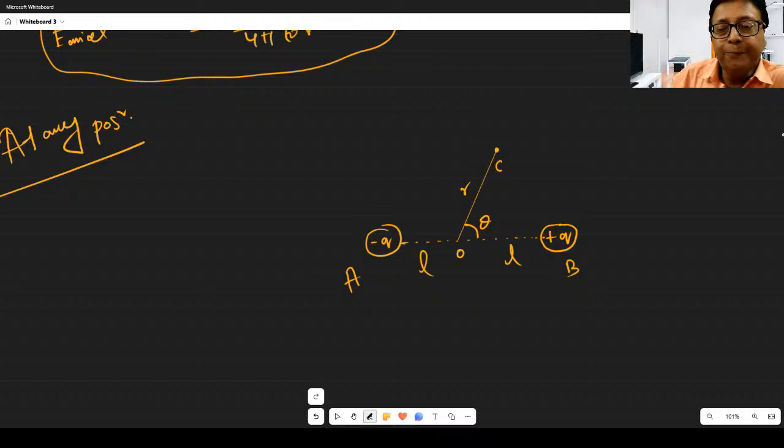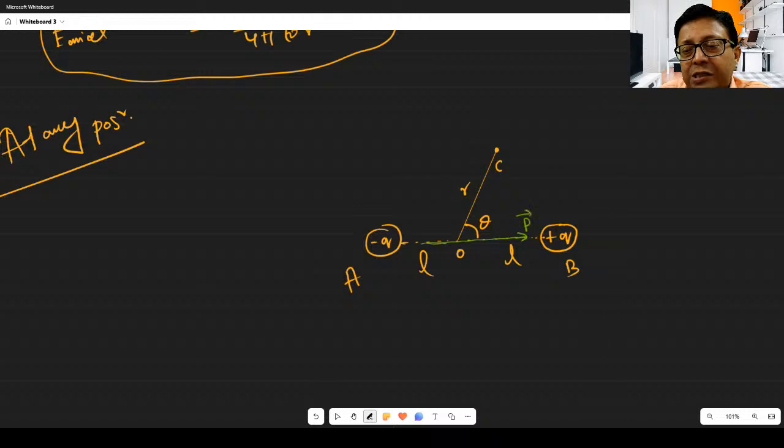This dipole moment vector is directed from minus Q to plus Q. P vector directed this way.